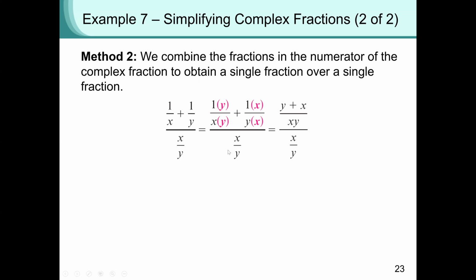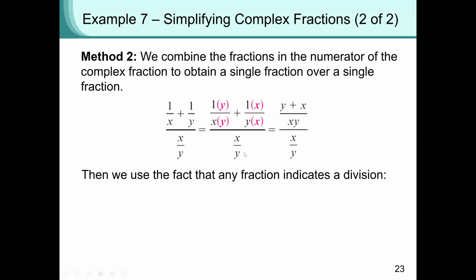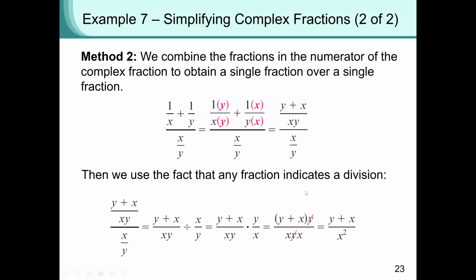So from here, we can try to simplify by combining the two terms. We have xy as the common denominator, then y plus x. Then we can use the fact that any fraction indicates a division. So this is a division here, this is a division.